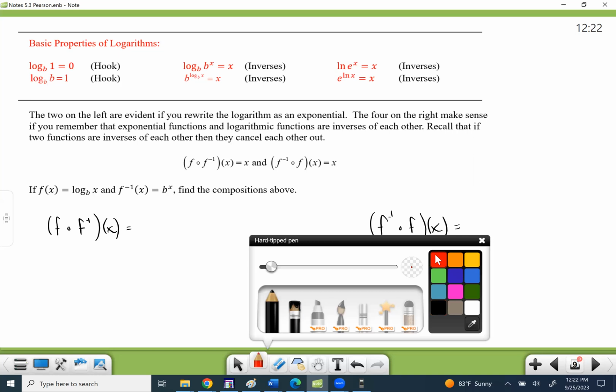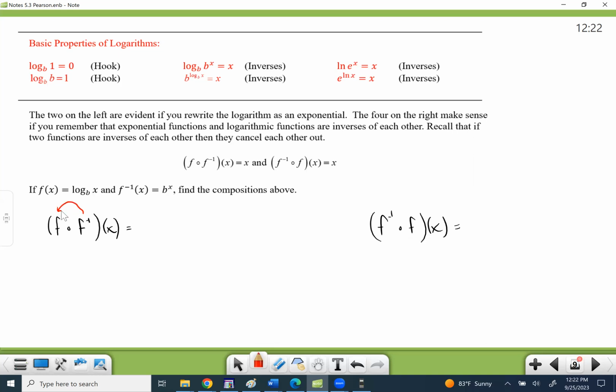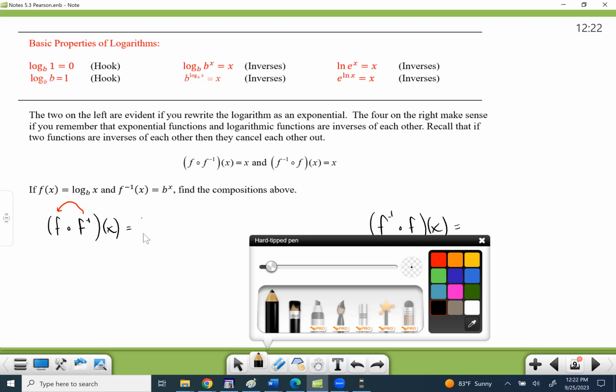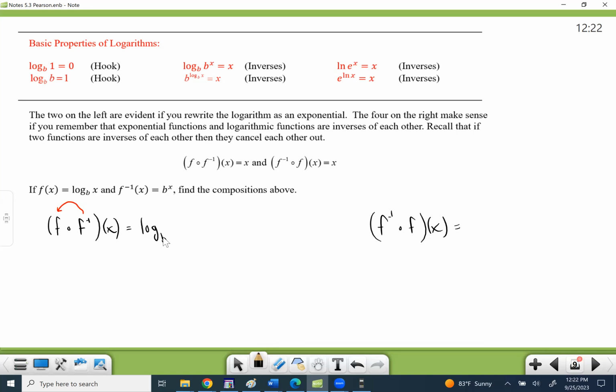If you remember, it's always the right one that gets substituted into the left one. So in this case, we would be taking b to the x and substituting it in for that x right there. So this is going to be log base b, instead of x, we're going to put b to the x. Because these are inverses, everything should cancel, and you should just be left with x, according to this theorem up here that we retyped.